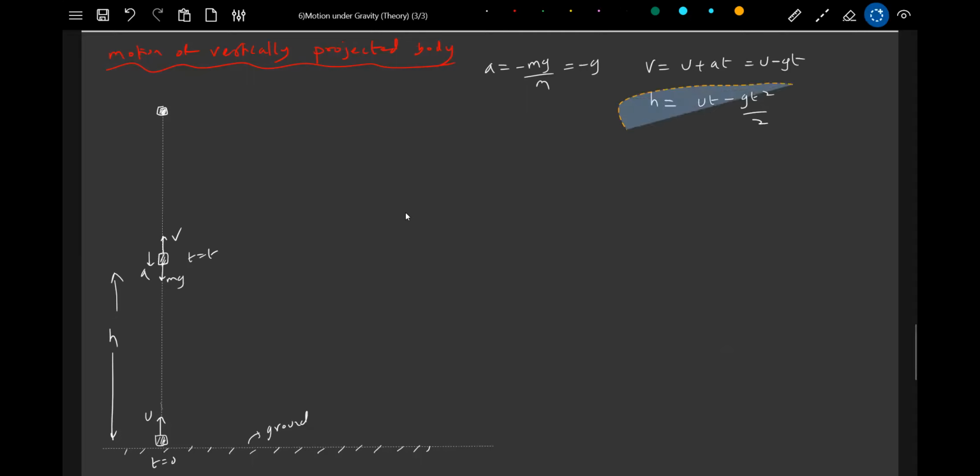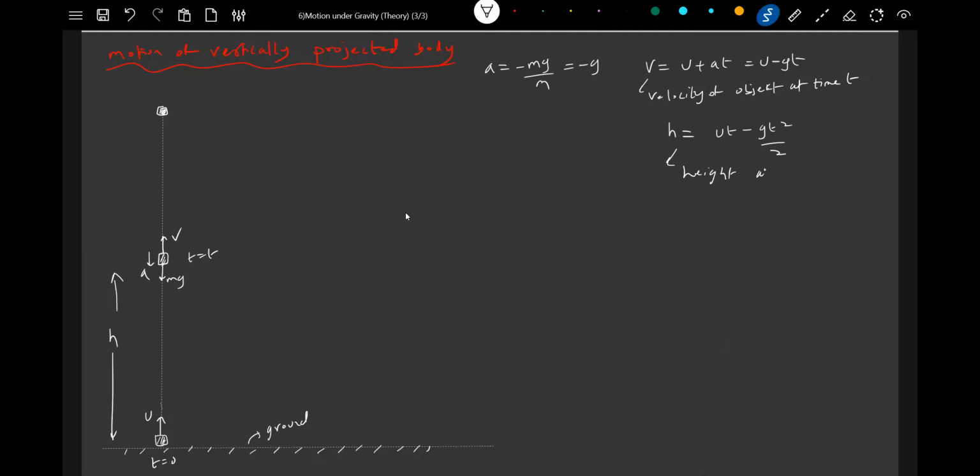So the first equation gives the velocity of the object at any time t, and the second gives the height ascended by the object for time t. After a certain time t, at what height it will be, these are the equations.